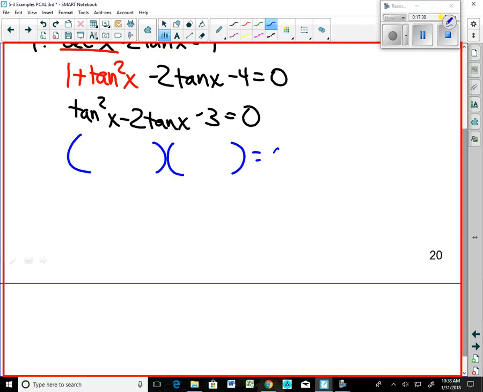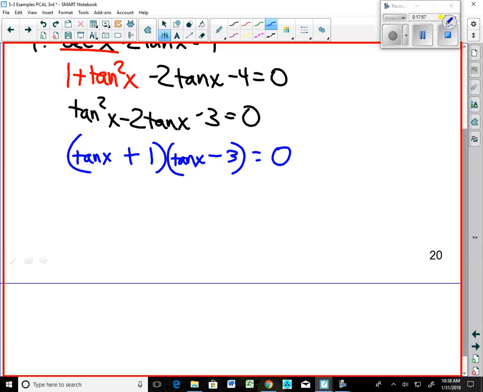So whatever works best for you. Tangent squared x is tangent x times tangent x, and I don't have a lot of choices of things that multiply to be 3. So the 3 is negative, the 1 is positive.